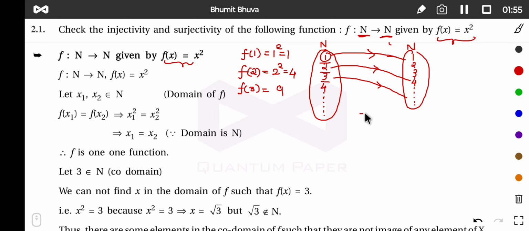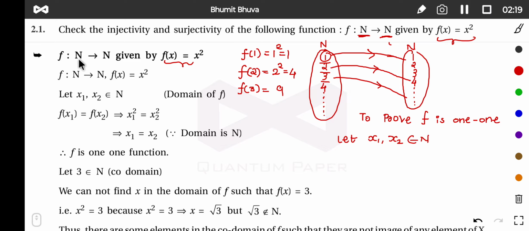So to prove f is one-one, one-one means injective, we can say it another way. We have to take two elements from the domain. Either you can choose x1, x2 or you can take x and y also. So let x1 and x2 belong to the domain.